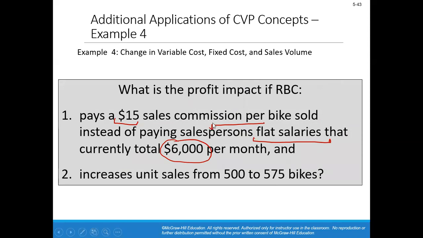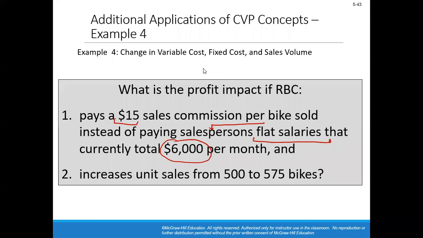But what is our purpose for converting a fixed cost to variable cost? What is our motivation? More sales. So they will be inclined to generate more sales because now their sales commission has become variable. It is no longer fixed.